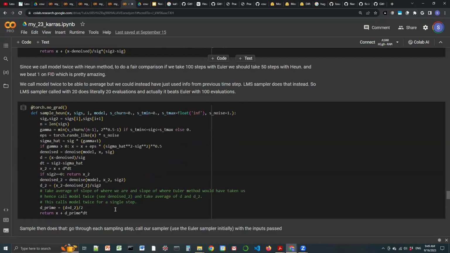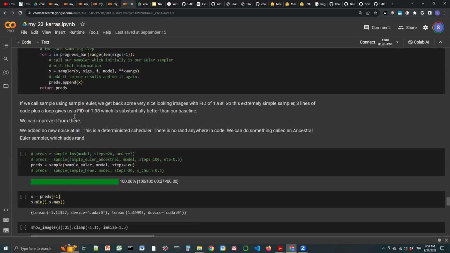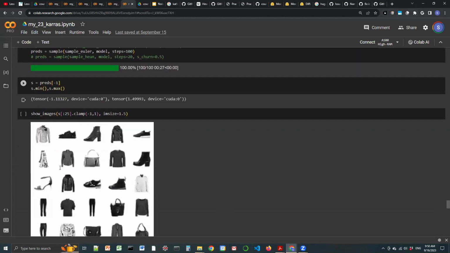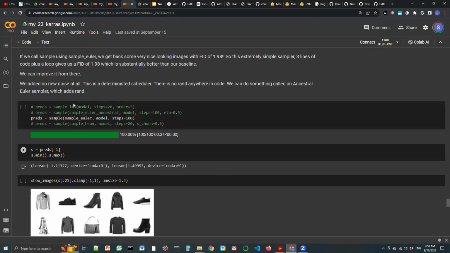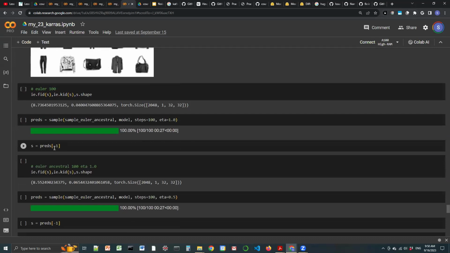Again, I unrolled the notebook to make it simpler. He finds that some of the results he gets are pretty good. For example, here are the images with Euler with 100 steps, and he gets an FID of 8. Now we saw an FID of about 3 in the best case with cosine, but this is 8 compared to 15, which is still pretty good.